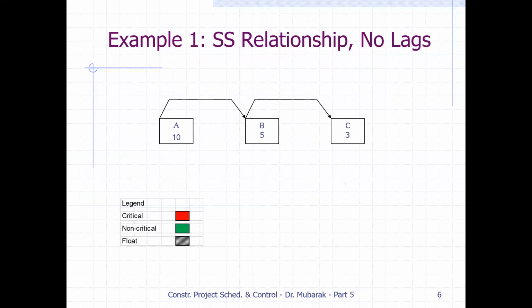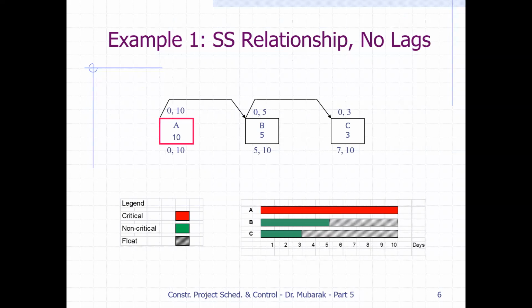So this method has four approaches. The first approach is the start-to-start relationship with no lags. How does this work?